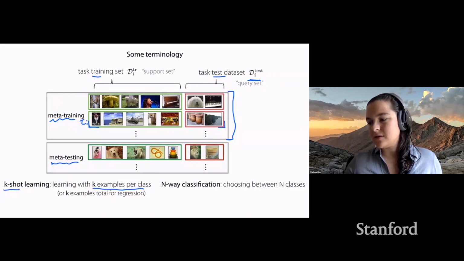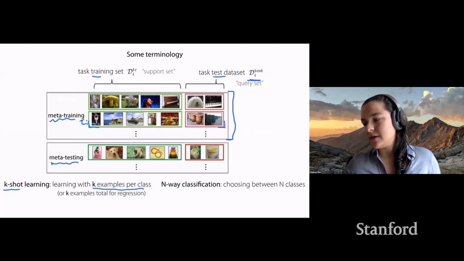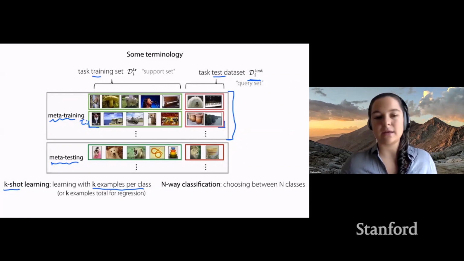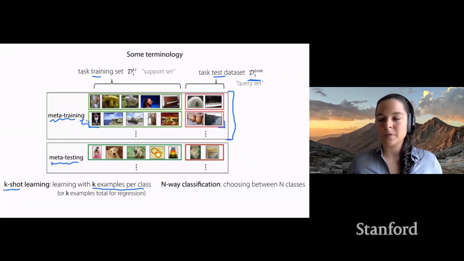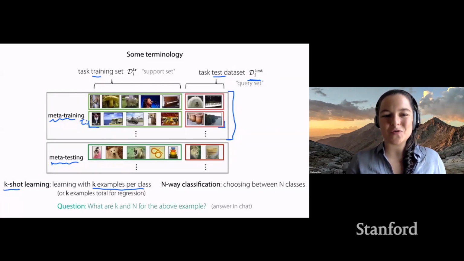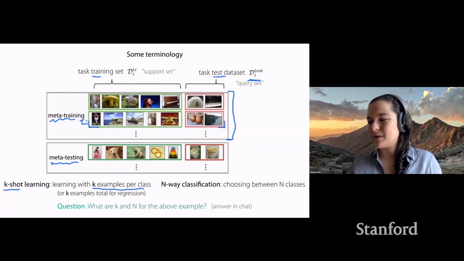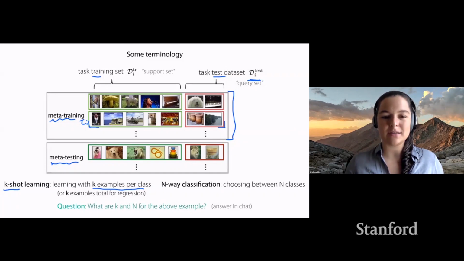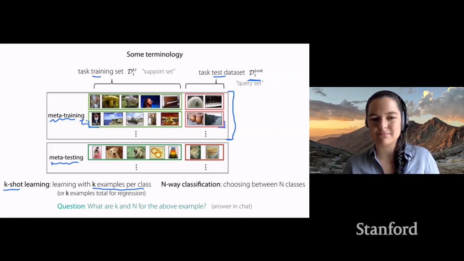And if you're doing n-way classification, then you're choosing between n classes, so you're basically classifying among n things. So one question for you based on this terminology is, in this above example, what would the values of K and N be? You can answer this in chat.